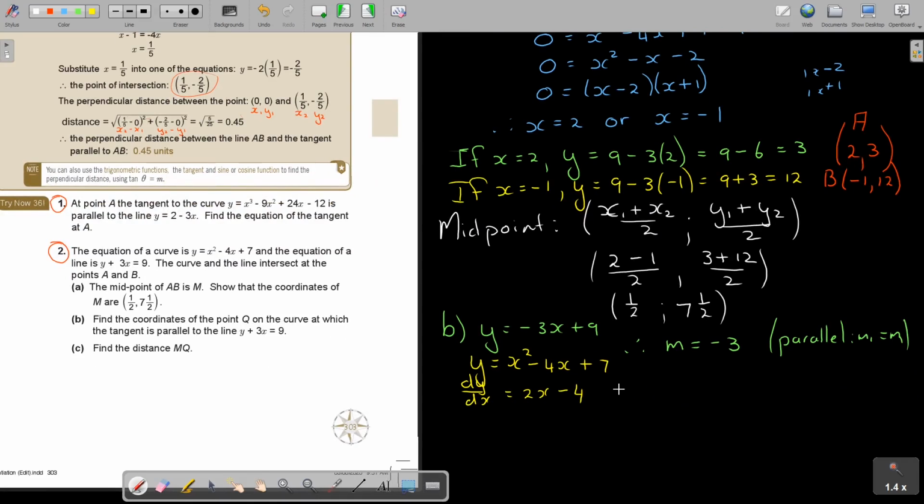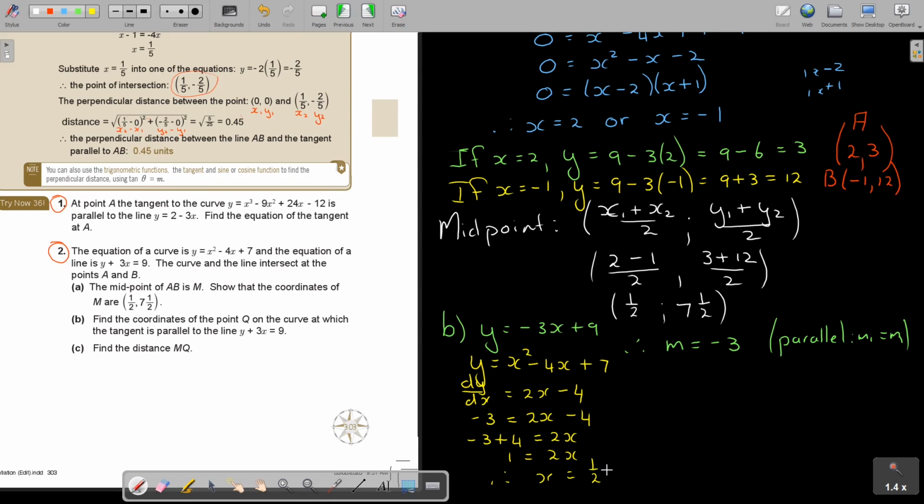Okay, and now this is the gradient, so I substitute the gradient in, so -3 equals 2x minus 4. So if I bring it over, it's going to be -3 plus 4 equals 2x, and 1 equals 2x, so therefore x is a half.